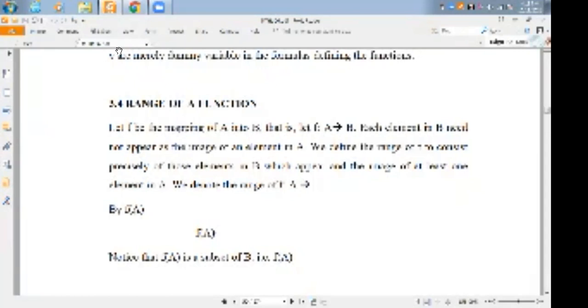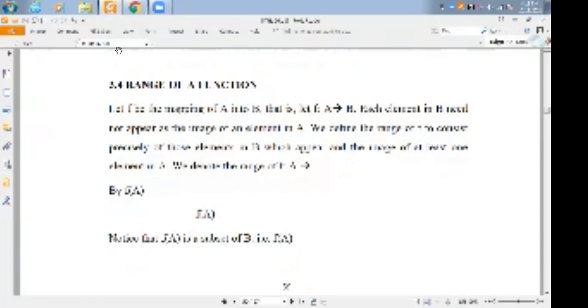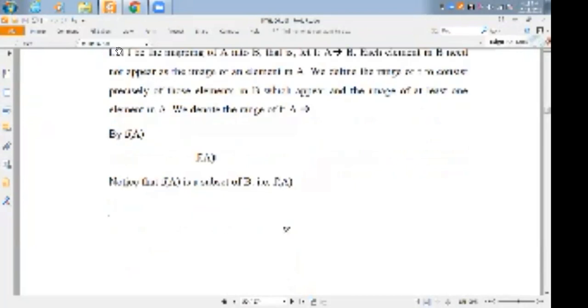Each of the elements is called an image, while the collection of all the elements that are assigned is called the range. If you go by the definition, let f be the mapping of A into B. That is, let f map A to B. Each element in B need not appear as the image of an element in A. We define the range of f to consist precisely of those elements in B which appear as the image of at least one element in A. So all the elements in set B, on the right hand side, the codomain, that are assigned to elements in the domain, the collection of all those elements is what we refer to as range.